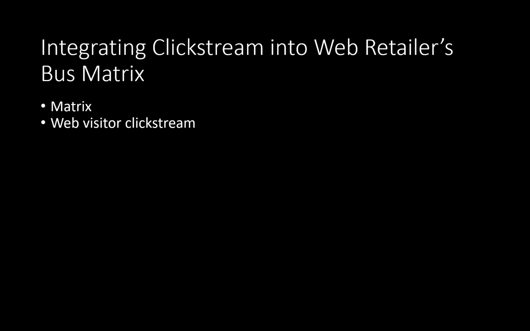Specifically, web visitor clickstream data has four additional dimensions. This is not a problem. This is actually an advantage because it helps to bridge the gap between brick and mortar and a web-based platform.